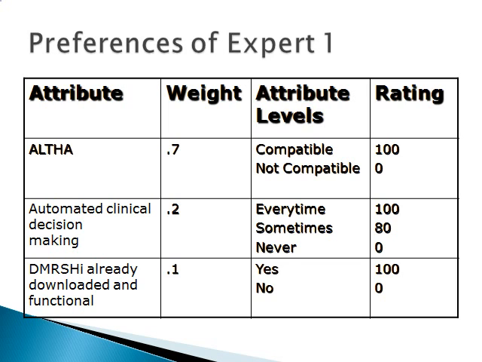The brief example again, we're only going to give an example using two people just to keep this brief. But Mr. Smith, we talked to him about what's important to him, what attributes, how we would weight things, and we're going to weight things on a scale of 1 to 7, with 1 being the least important and 7 being very important. And what we see with expert number 1, Mr. Smith, is that compatibility to ALTA he rates very highly.